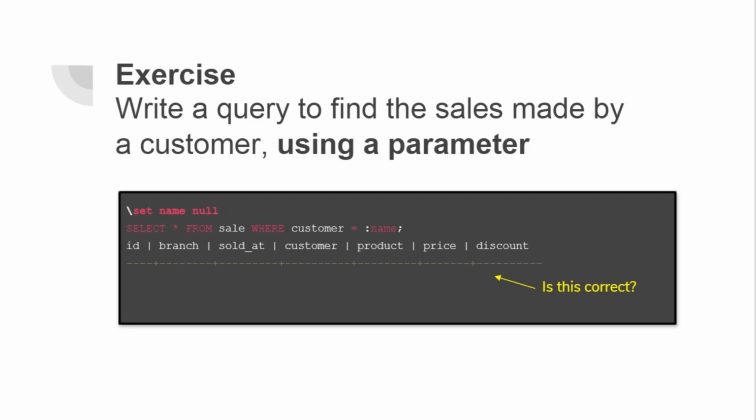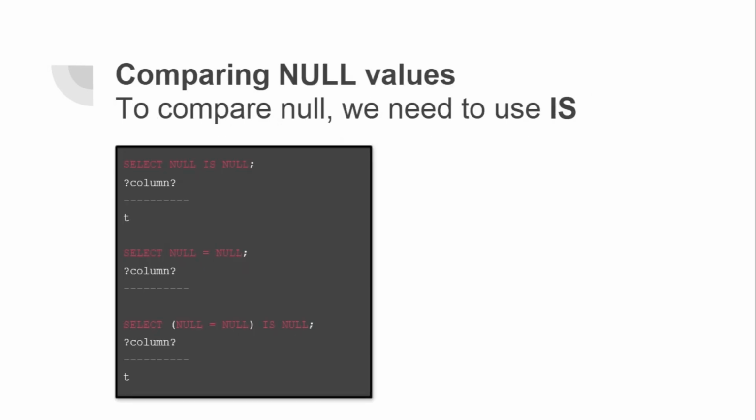So this is incorrect. We know that we have sales made to unknown users in the database, right? The question is, how can we write a query that can handle both literal values like bill and null values?